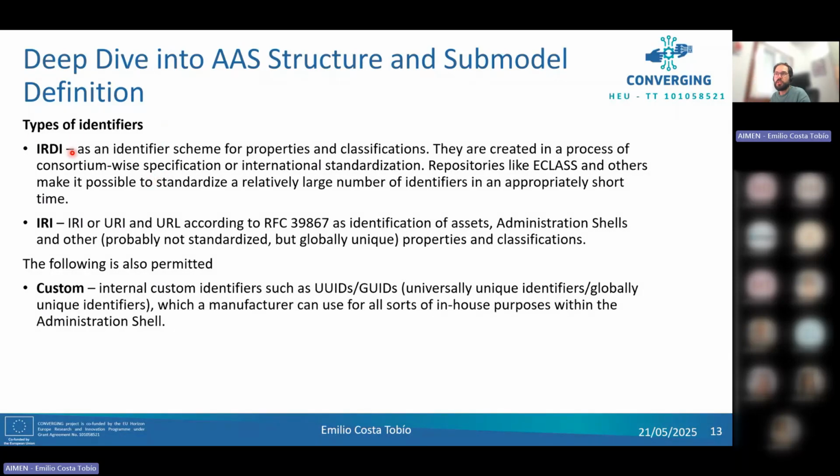We could use IRDIs or we could use IRIs, which could be URIs or URLs, but it is also allowed to use custom identification if we have in our company proprietary identifiers or something that we want to use in-house. We can also use these custom IDs for our AASs.